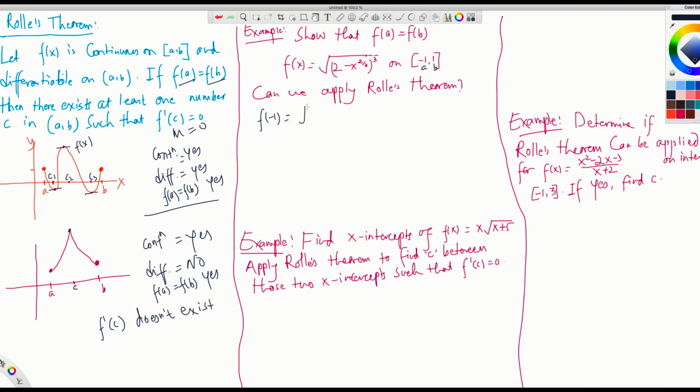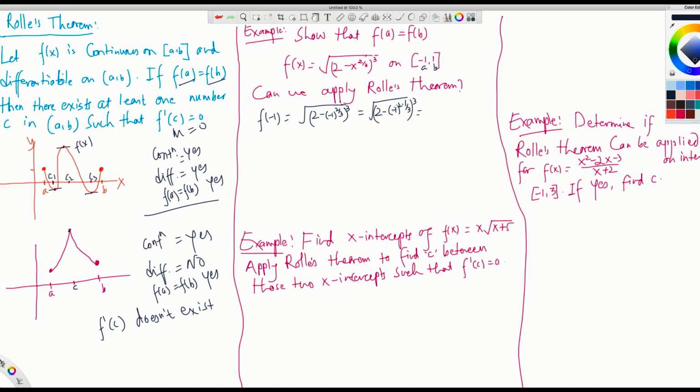You can write that as 2 minus (-1) to the 2/3, and then that whole exponent cubed, right? So what do you get? You can write -1 squared times 1/3, because -1 to the 2/3 can be written as 2 times 1/3 and then the whole thing to the cube.